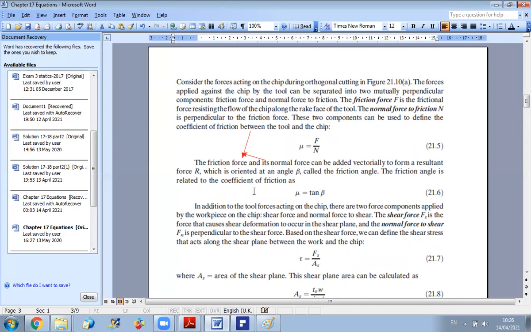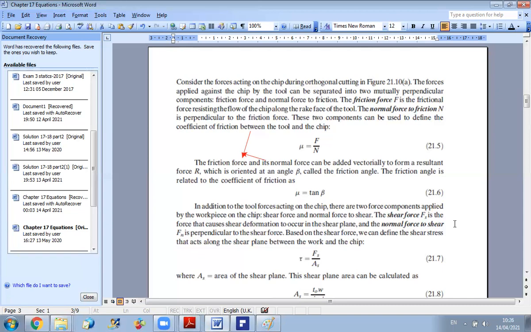And in addition to the tool forces acting on the chip, there are two force components applied by the workpiece on the chip. So the chip is subjected from one side to the tool action and from the other side to the workpiece action. Okay, and the workpiece action on the chip can be divided into shear force and normal force to shear.